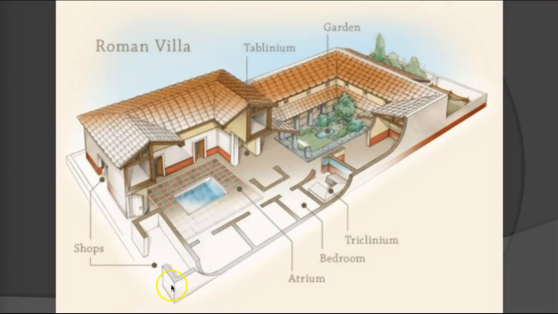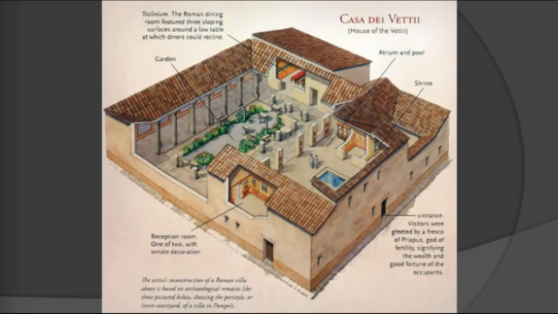This would also potentially have a space for shops as well. So again, here's the atrium, and this is where we get the word atrium from. There would be bedrooms, and the garden. So here we're seeing that just in a slightly different way. This is a different version of that.